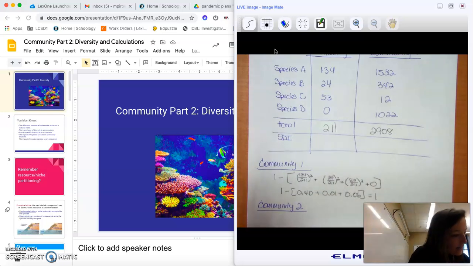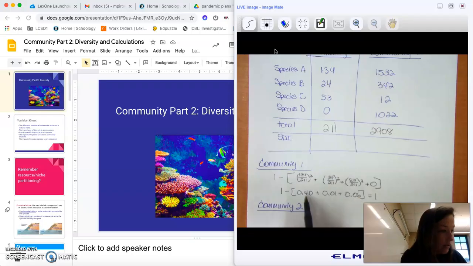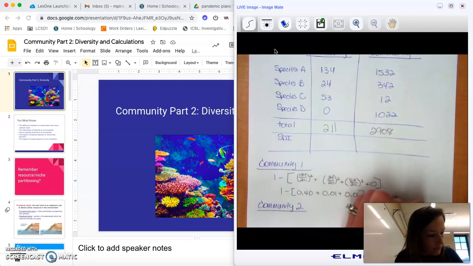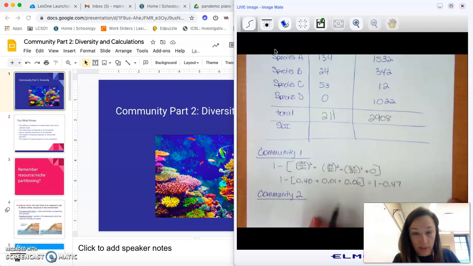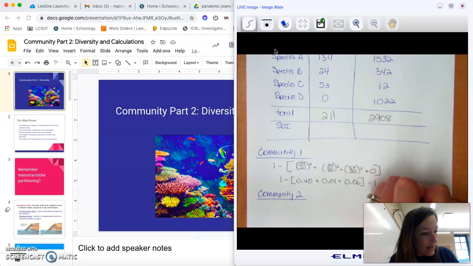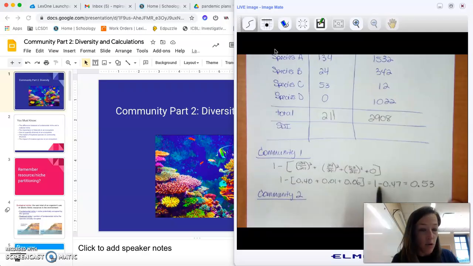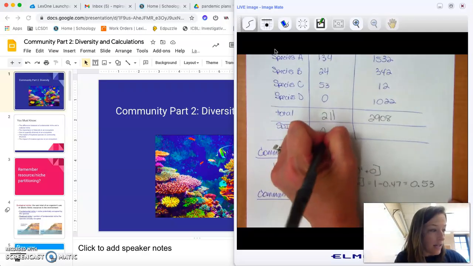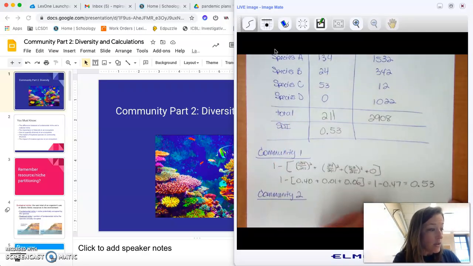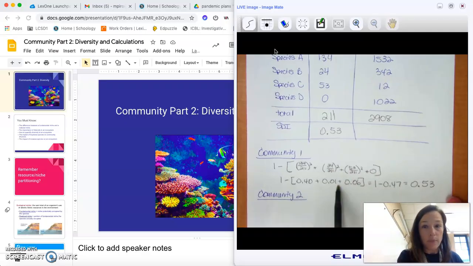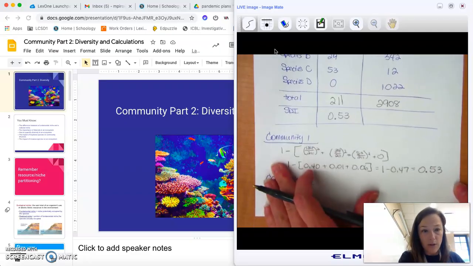Okay, and so those added together, 0.4, well, this is going to be 7, so 0.47. Okay, if you don't trust me, add it up on the calculator, but pretty sure I'm right. And that's going to give me a Simpson's diversity index of 0.53. Don't forget to subtract it from that 1. That's a mistake that some students make. They're like, oh, it's 0.47, because they did the math, and you feel like you're done because you did the hard part, but that's not the end of the math.